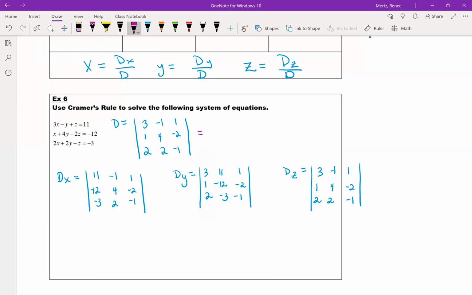So D is 3, 4, 2, negative 2, negative 1. As you get good at this, you don't really have to show all of these steps, but I like to show them so that you can find any mistakes if you have them.